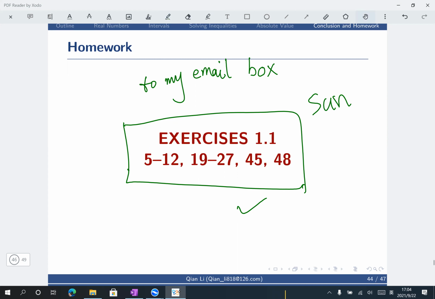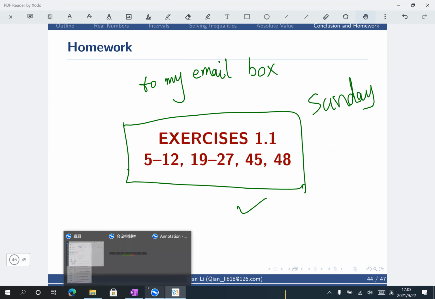One PDF. Sorry, I did not submit my previous exercise to the Laoshi's email. Sorry about that.